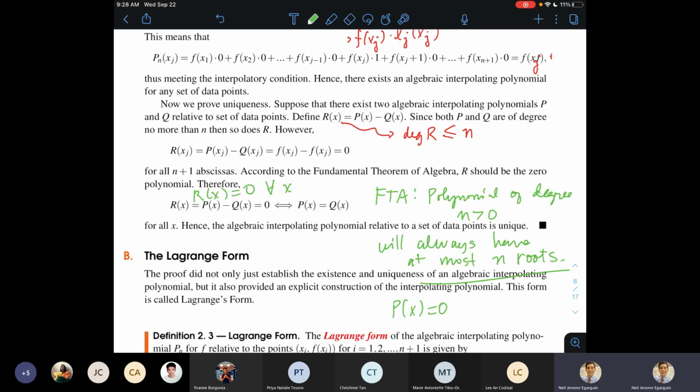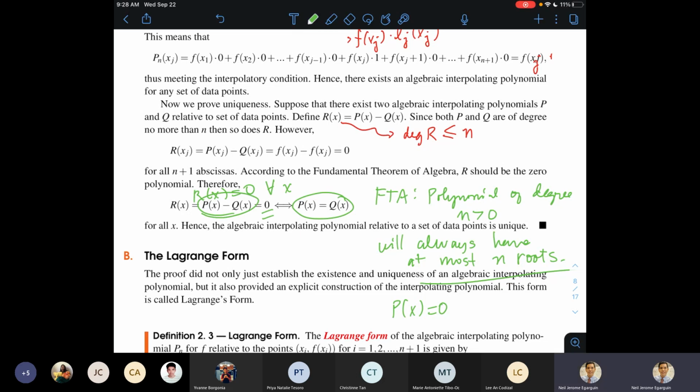So to avoid that absurdity, we were forced to conclude that R of x is identically 0 for all x's. But what is R? R is px minus qx. And we're saying it is equal to 0. That means p of x is equal to q of x for all x's.